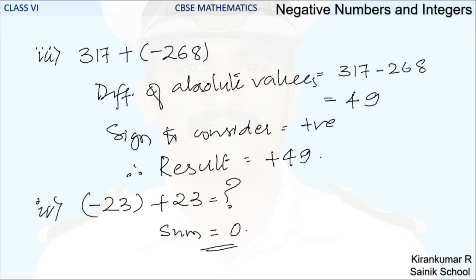What is the reason? We need to see they are unlike integers, so we need to find the difference. 23 minus 23 is 0. We all know that 0 doesn't carry a sign along with it, so 0 is neither positive nor negative. So the result obtained is just 0.